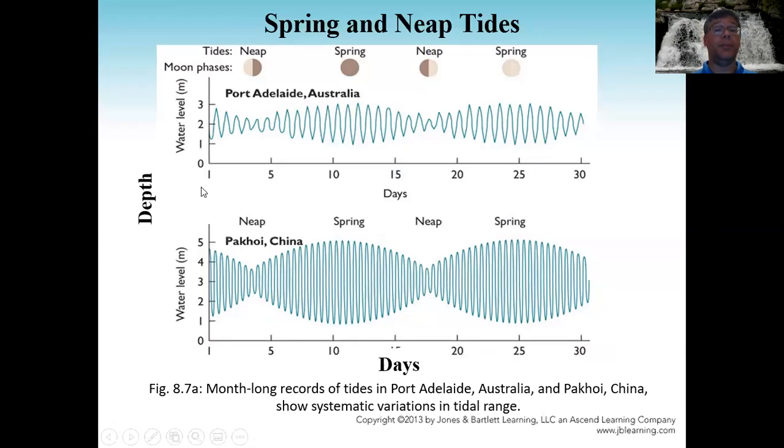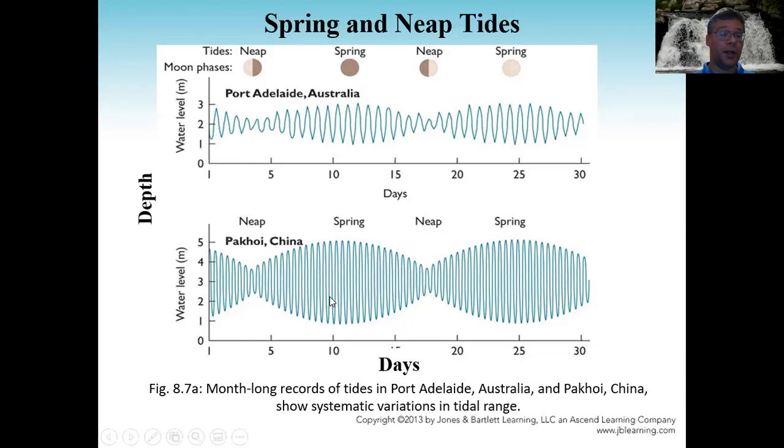What's happening with the spring and neap tides? You can see here comparisons of two places, one in South Australia, versus China. And although the pattern of tides in terms of the range and whether it's the more diurnal versus semi-diurnal is different, in both of them we're seeing the spring tide versus neap tide, spring tide, neap tide at the same time.